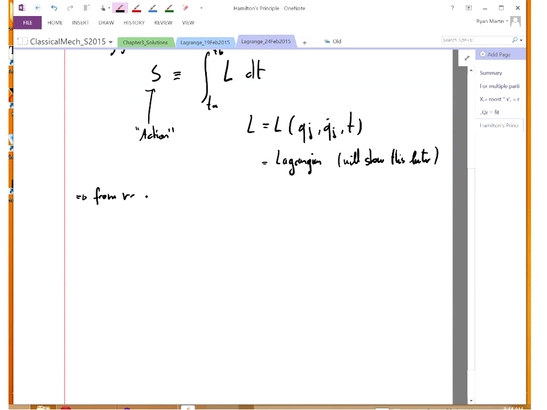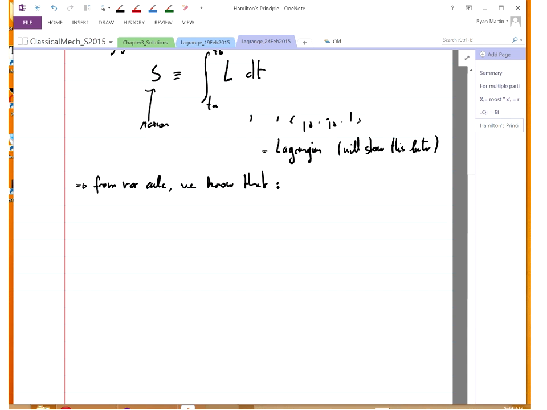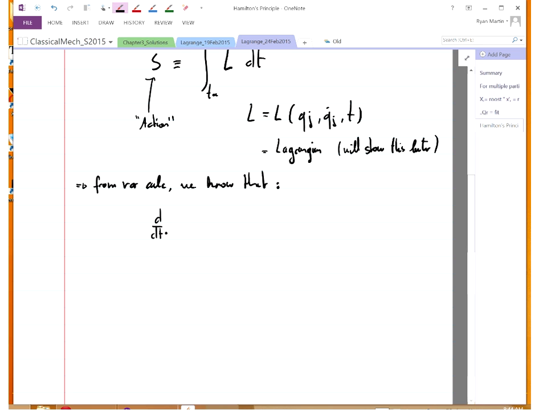If we forget about that arbitrary part and take it as given that this L is the Lagrangian, then from variational calculus we know that the condition for that integral to be stationary is that d/dt of ∂L/∂q_j dot minus ∂L/∂q_j equals 0.